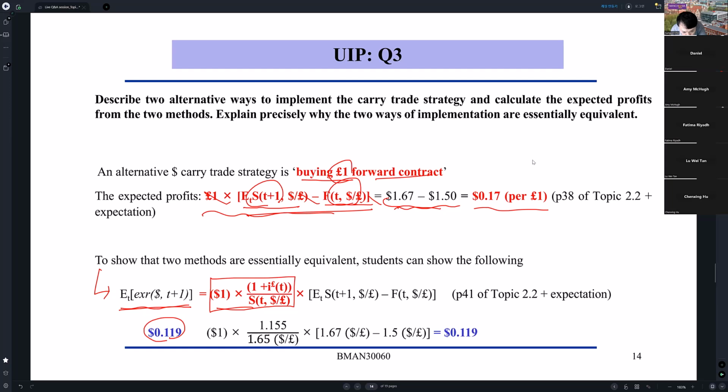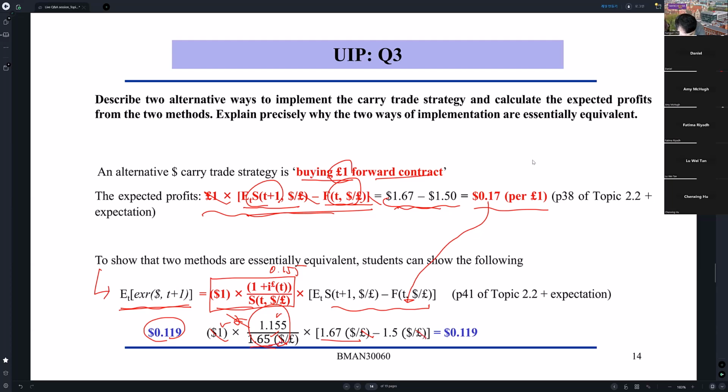So what is the pound interest rate? 0.155. Current spot exchange rate is 1.65. Is that right? Yeah. So you just plug in these numbers. And what about this one? This is the $0.17 per £1. So this dollar will be canceled, and you're going to get a pound amount of this times dollar per pound. So pound will be canceled.